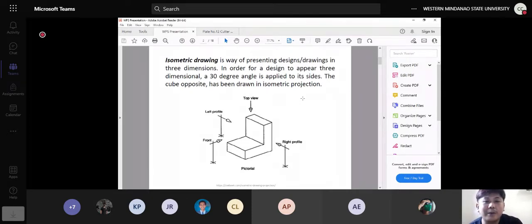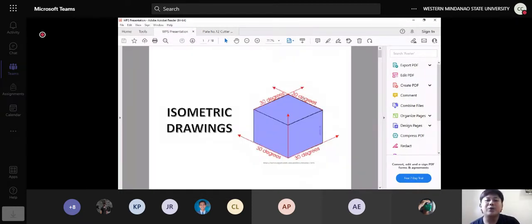In order for a design to appear 3-dimensional, we need a 30-degree angle, which is applied to all sides of our 3D model. As you can see in this figure, we have those sides of the cubes that are actually 30 degrees with inclination with respect to horizontal. Regardless of which side, we have an angle of depression which is 30 degrees with respect to horizontal.